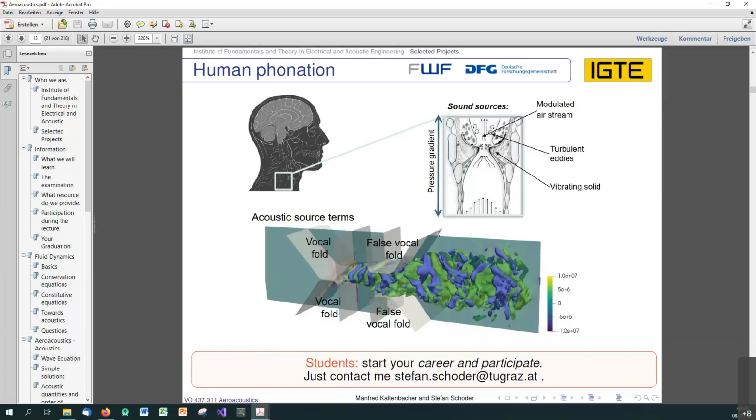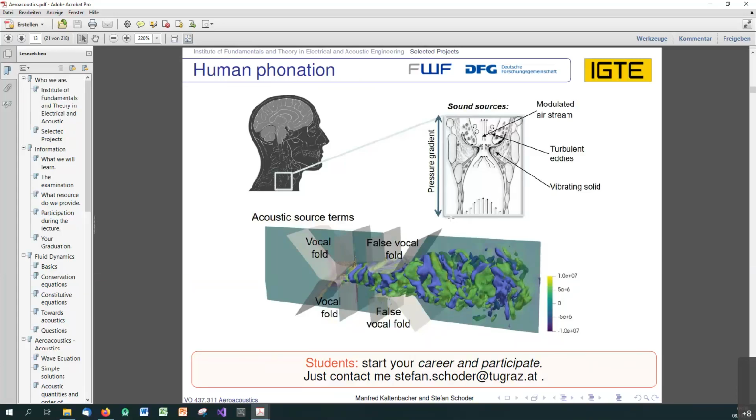Can I ask a follow-up question? Yeah, of course. Last year at the Interspeech conference in Graz, a similar project was presented, which was a finite element simulation of the vocal tract. I don't know if I understood you correctly, but I think you simulate the vocal tract by simulating different sound sources.